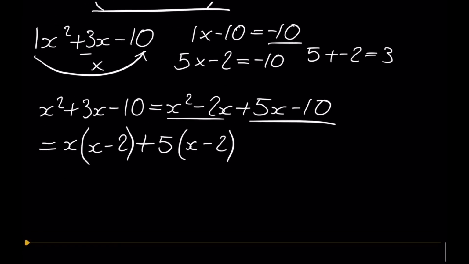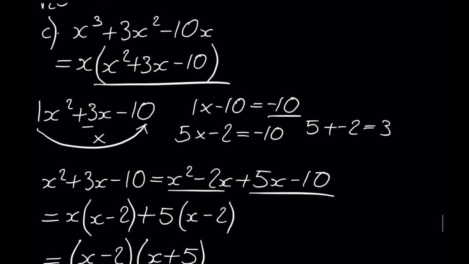So this all factorizes, because x minus 2 is now a factor in both x and 5. So we end up with x minus 2 times x plus 5.